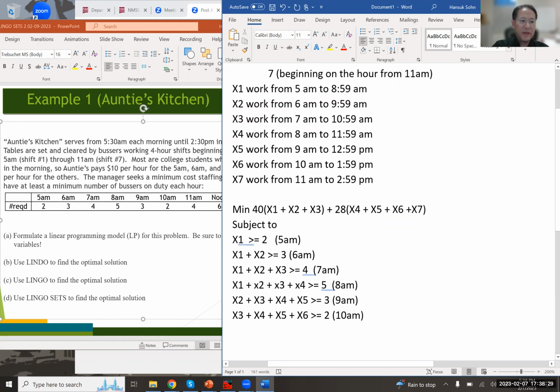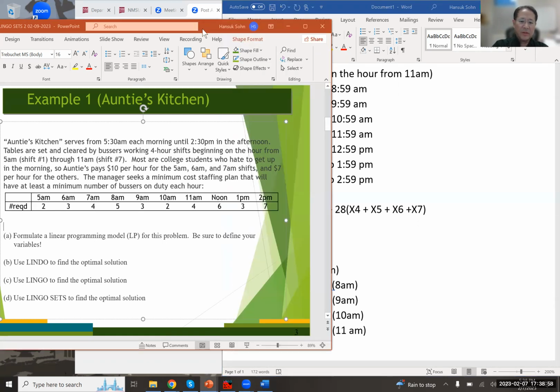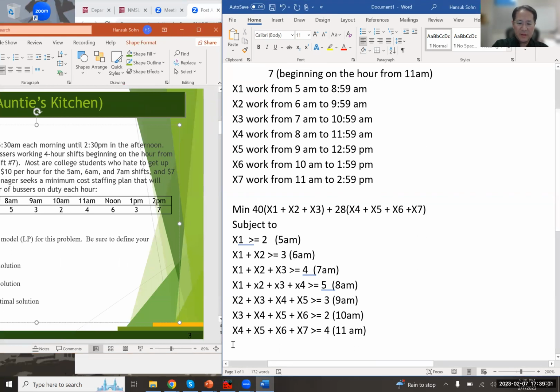And then you can imagine that it's X4, X5, X6, and X7, same reason. The number is going to be at least 4 for 11 a.m. And then 12 p.m., who's working?